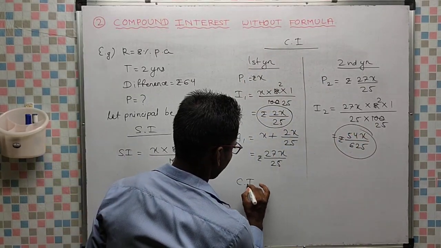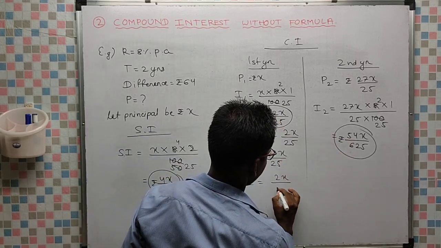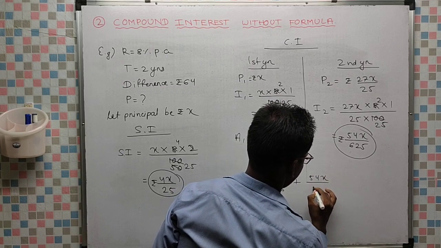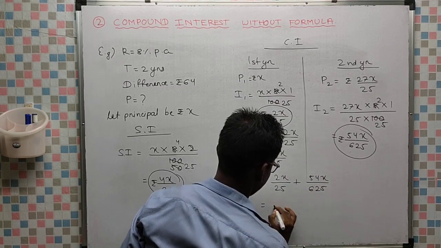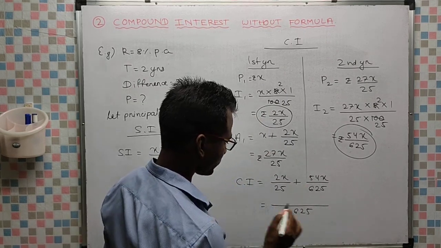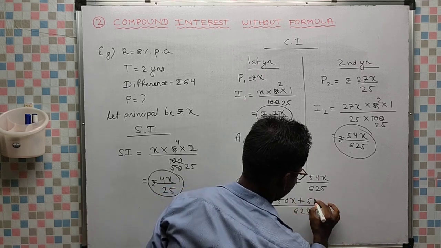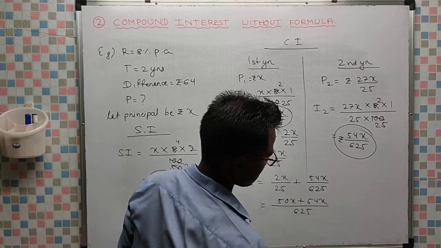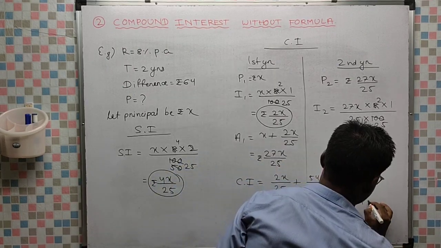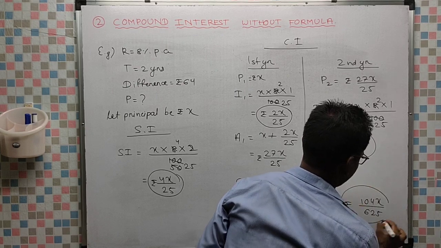So total compound interest is equal to 2x by 25 plus 54x by 625. LCM is 625, so 50x plus 54x, which is equal to rupees 104x by 625.